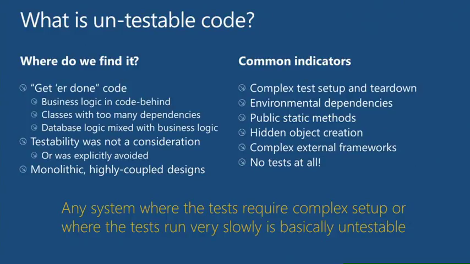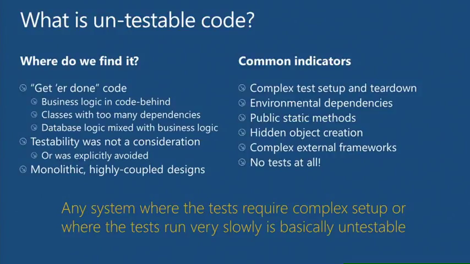There's a lot of things that you can see when you look at a body of code to help you identify that it's going to have a problem from a unit testing perspective. If you try to write tests and you end up with complex setup and teardown, and it's difficult to write the test and you end up with huge amounts of code at the beginning, before you can even say, do something, that's an indication of a hard-to-test system.